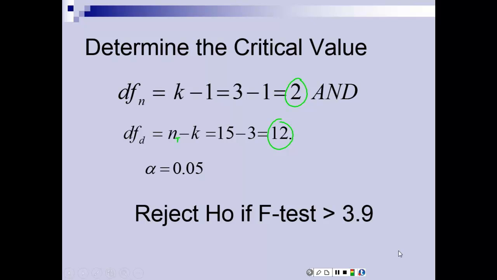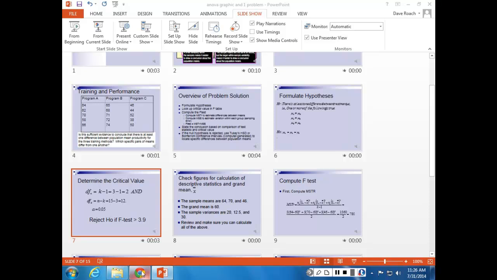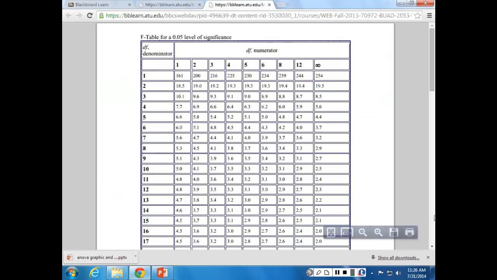I'm going to show you where we get this in a minute. We're going to reject H0 if the F test is greater than 3.9. Okay, here's an F table, what you have in your possession right now.